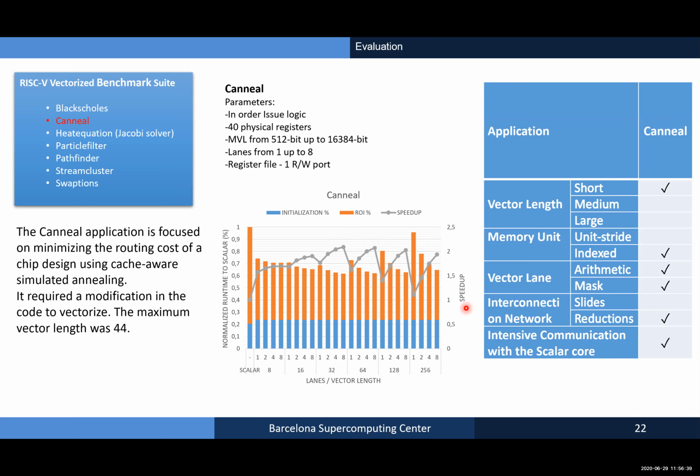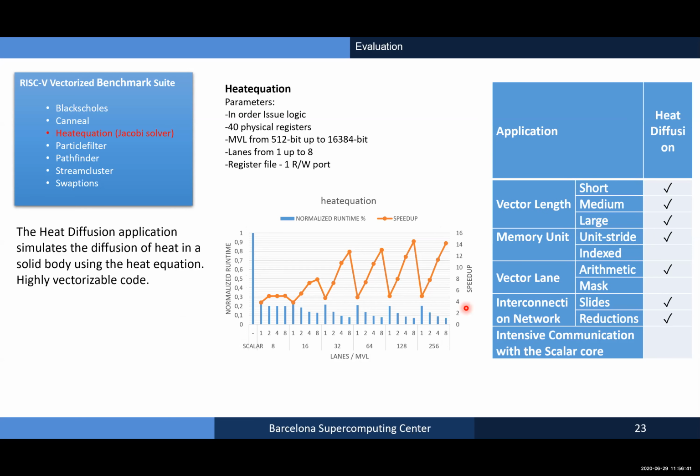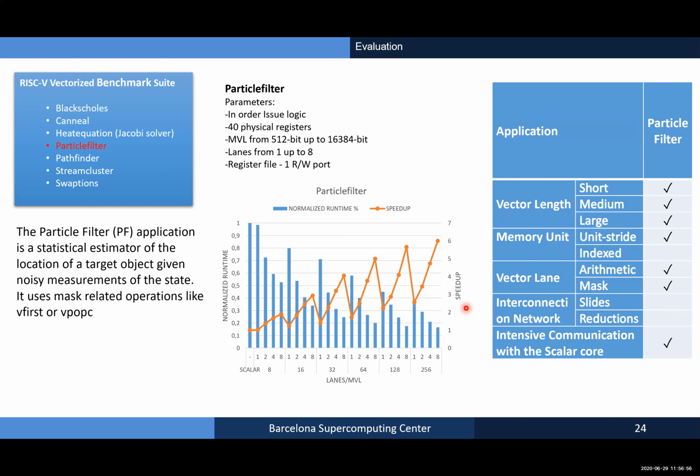Next slide is a typical Jacobi solver that models the diffusion of heat. This is also a highly vectorizable code. Next slide is particle filter.